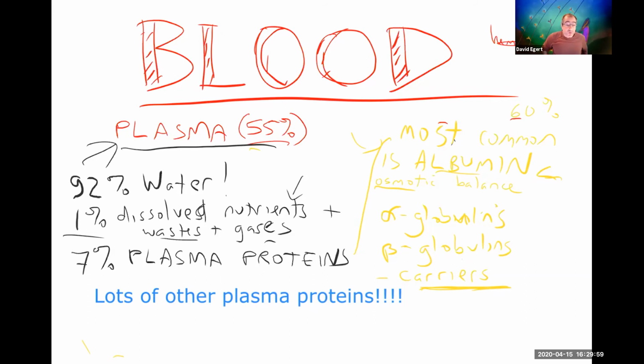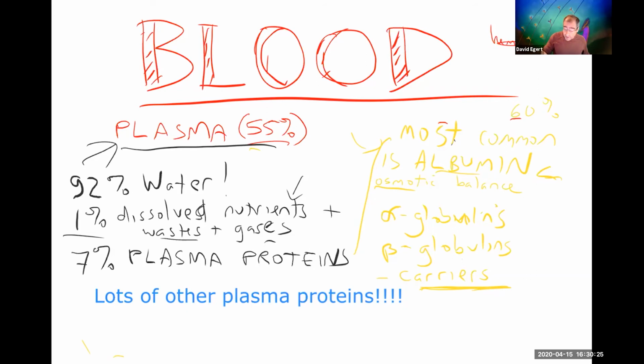We're going to be talking about blood clotting in a little bit. That is going to be mediated by over 20 different plasma proteins that are just sitting dissolved, ready to go in your plasma. When we get to the immune system in more detail, we're going to see the complement system.